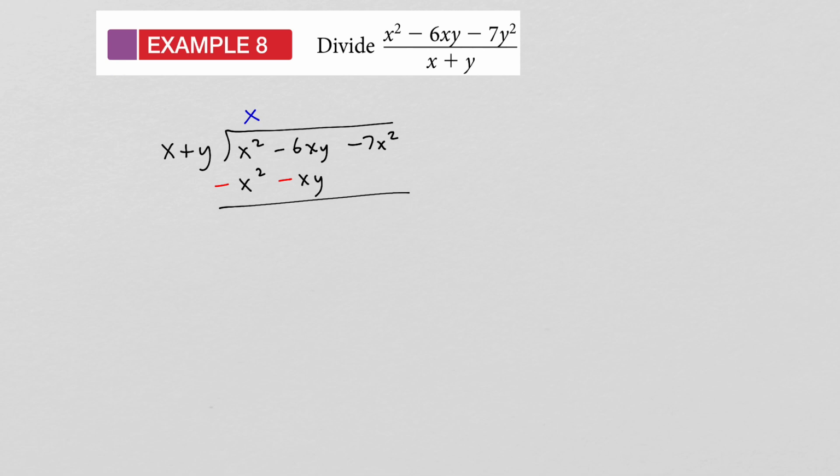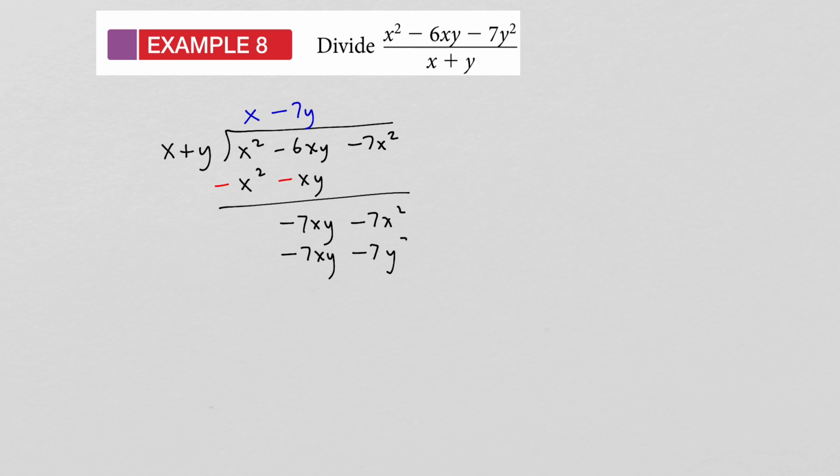So first terms cancel. We have negative 7xy minus 7x squared. How many times does x go into negative 7xy? Well, it goes in there negative 7y times, because negative 7y times x is negative 7xy. And negative 7y times y is negative 7y squared.